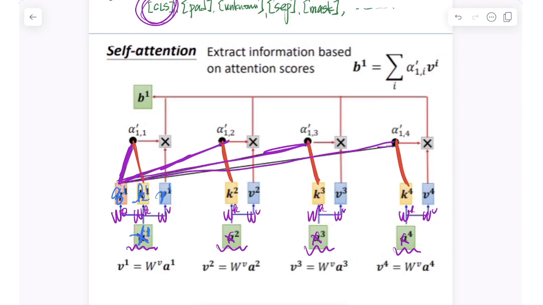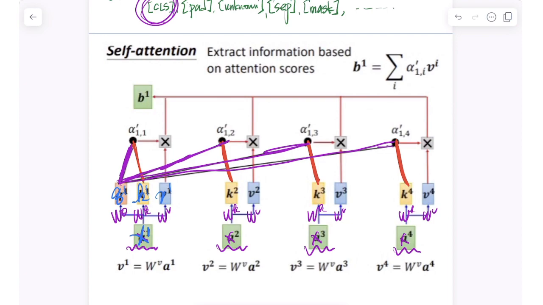As you can see, we only use the first token's Q value as the query value, and we use the K values of all the tokens as the key values. So in this case we have 4 different pairs: Q1 K1, Q1 K2, Q1 K3, and Q1 K4.